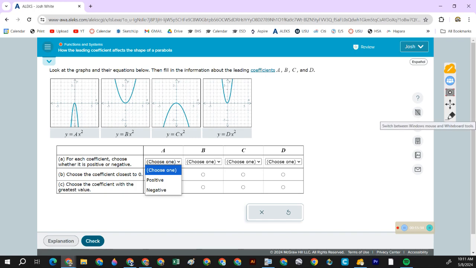So A is negative, and choose the coefficient that's, oh, I see. So the smallest coefficient is going to be the shortest graph, which is C. And the coefficient with the greatest value is going to be the positive that is the tallest, which is going to be D.